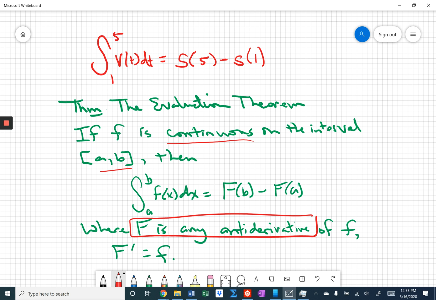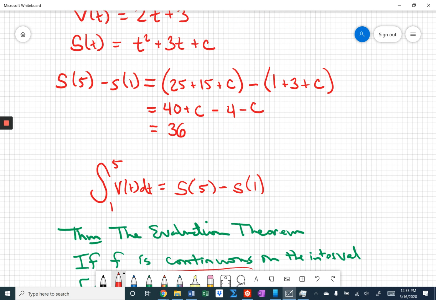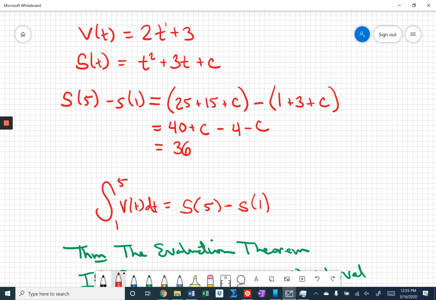Now, remember, up here, I used C in finding my antiderivative of f. I was finding the most general antiderivative, but the C here and here in this expression ended up canceling with each other because of the distribution of that minus sign, which causes C to go away.